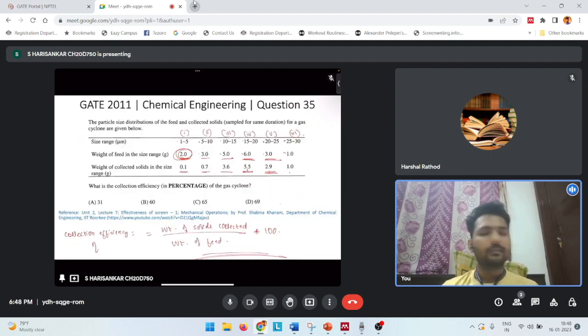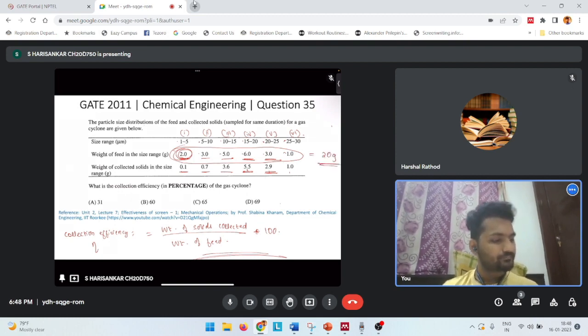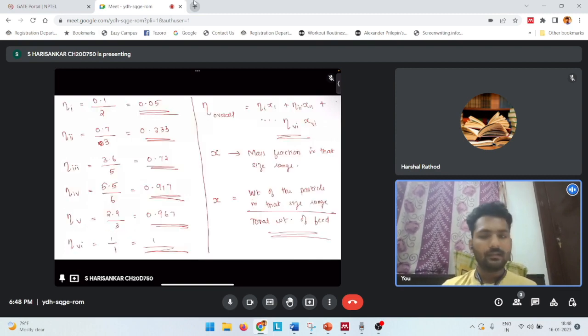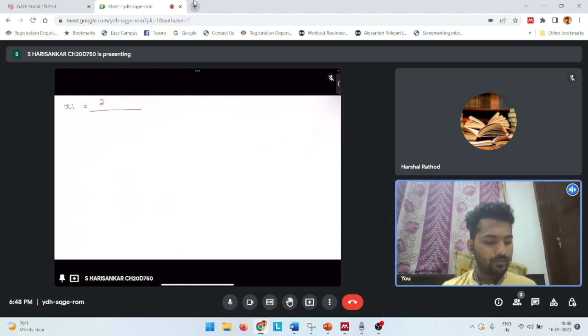The total weight of the feed can be obtained as the sum of all these feeds in the different size ranges. So this will be equal to 2 plus 3 plus 5 plus 6 plus 3 plus 1, which will be 20 gram. So the mass fraction in the size range x1 will be 2 divided by 20, and this will be equal to 0.1.